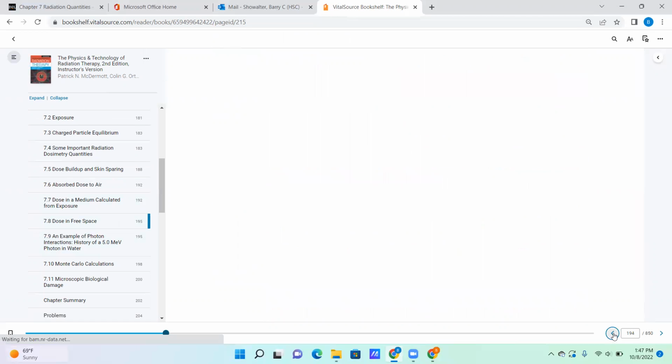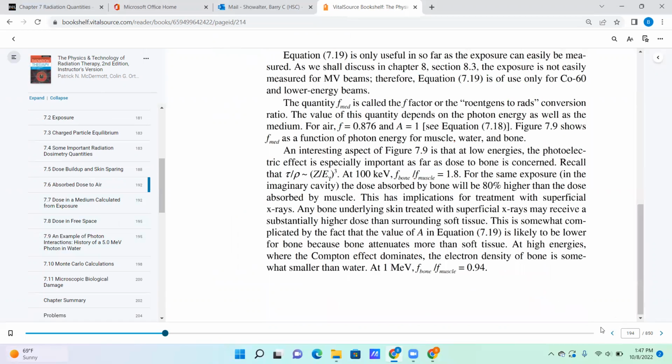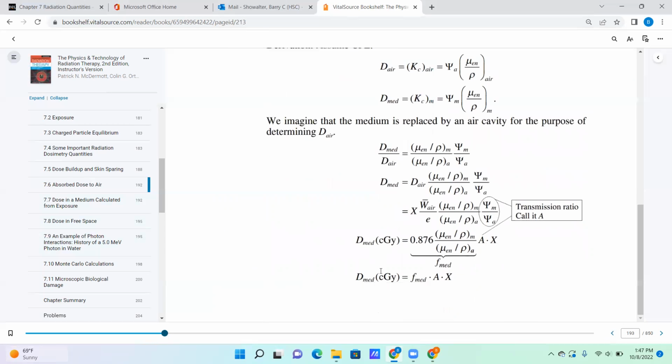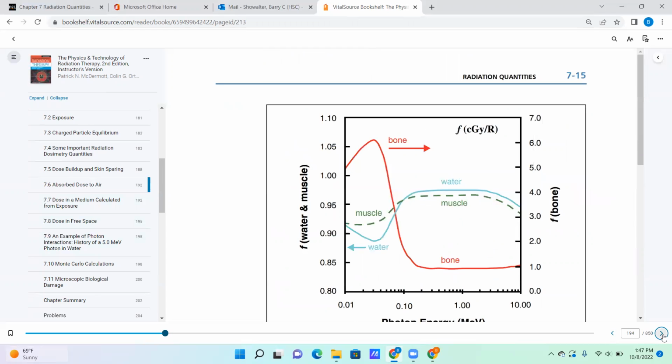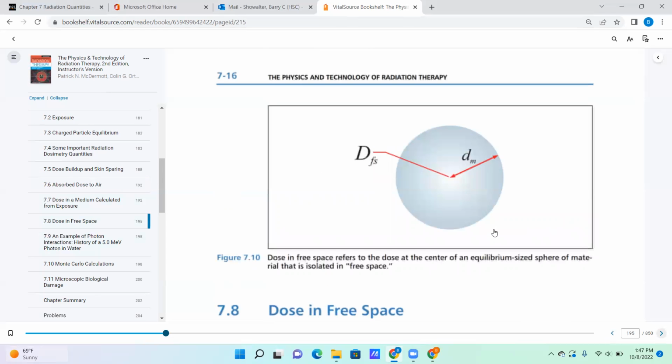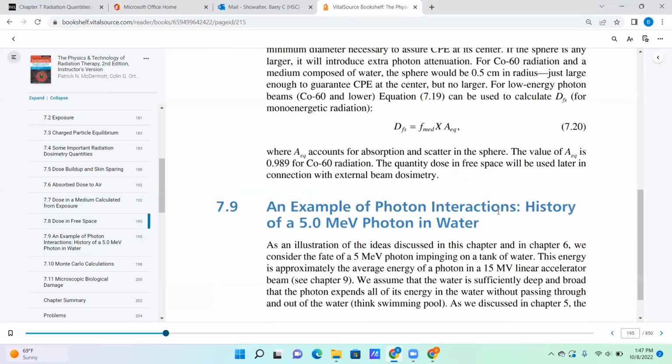So again, 7.19 is going to end up being this particular equation. And here are all the variables and what all that means. Okay, I'm going to truncate the video here, and then we will do 9, 10, 11 in the last video for this chapter.